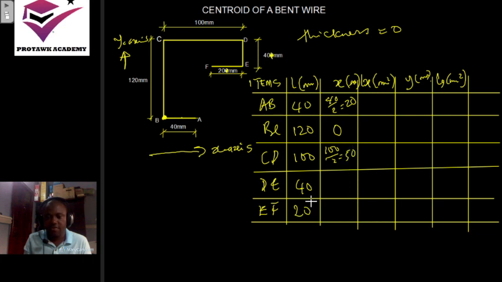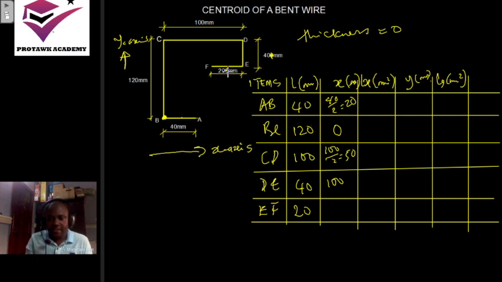Then the next thing we need to consider is DE. Its centroidal distance is the whole of this distance, so it's 100 millimeter. Then we have EF.